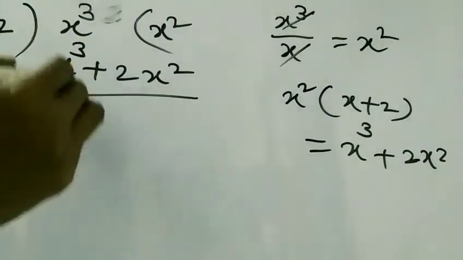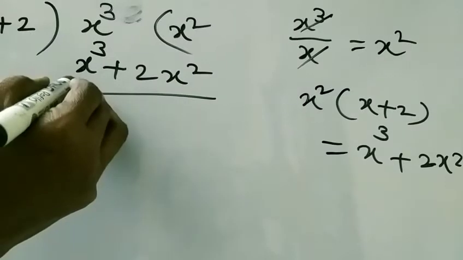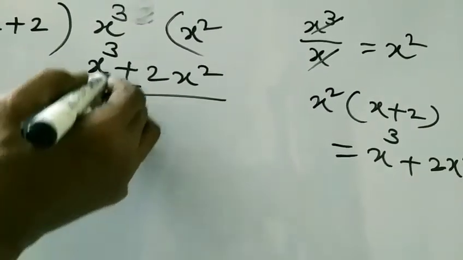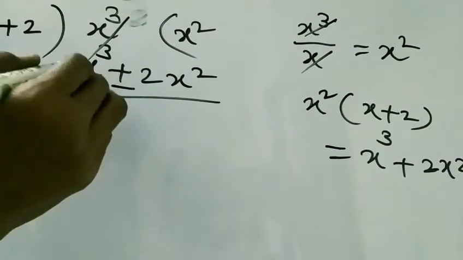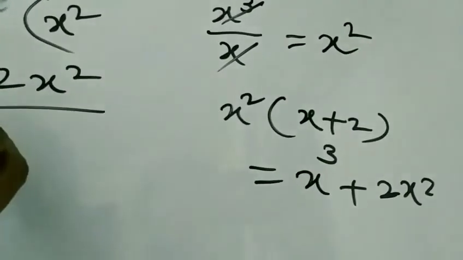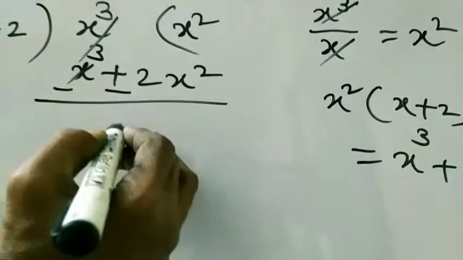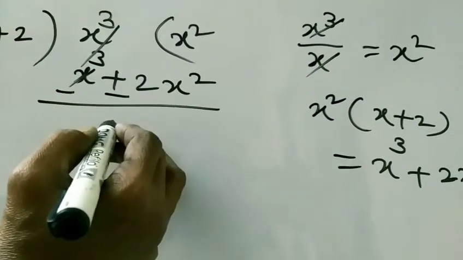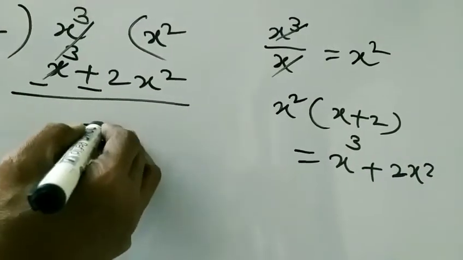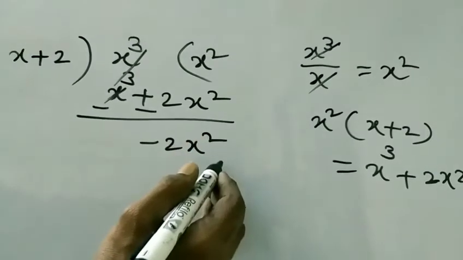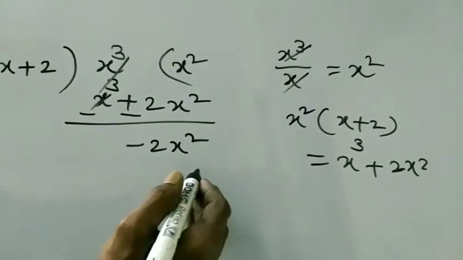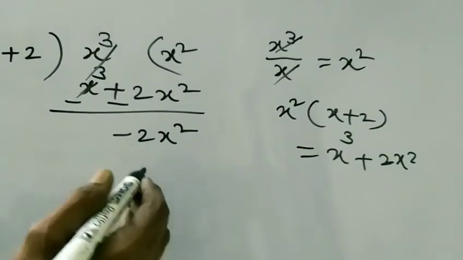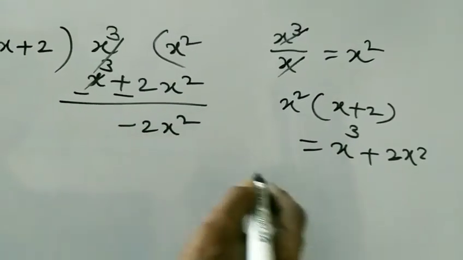Now subtracting, plus becomes minus, here plus becomes minus. X cube both are cancelled. The remaining term is minus 2x square. Again we have to take the algebraic operation.